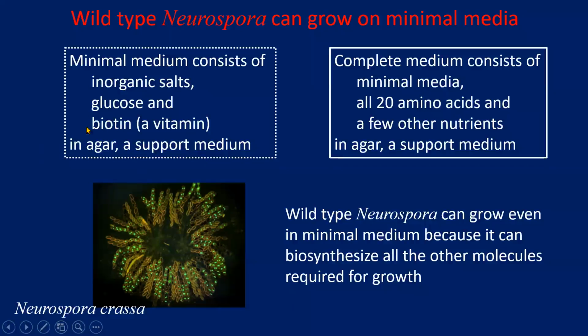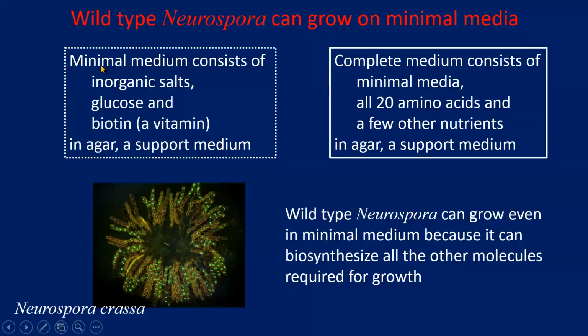All this terminology seems very biological, but glucose you might be able to remember, and inorganic salts you might remember. Biotin, you think of as a vitamin. And agar is a jelly-like substance, which is necessary inside the lab to grow these plants, or grow these organisms.